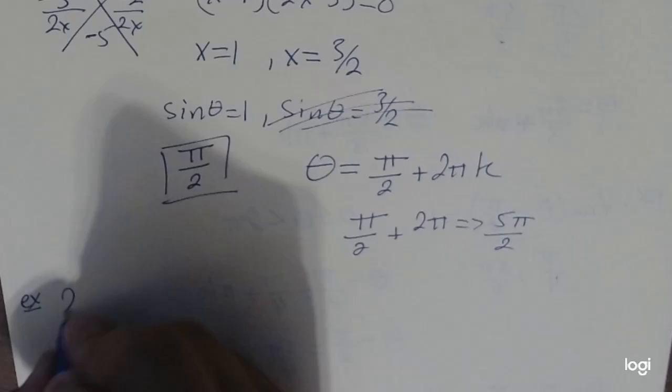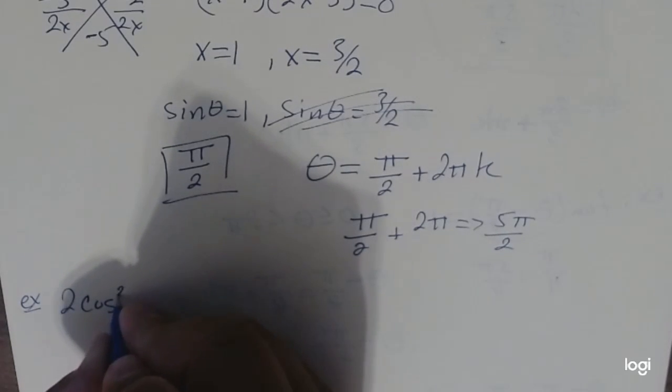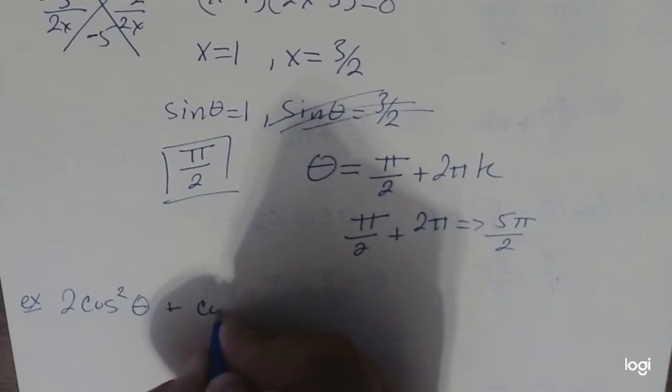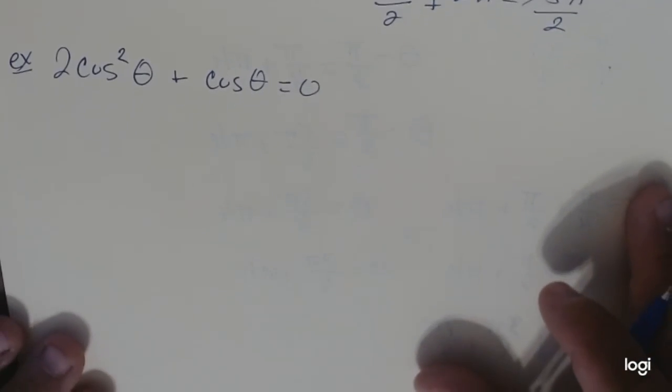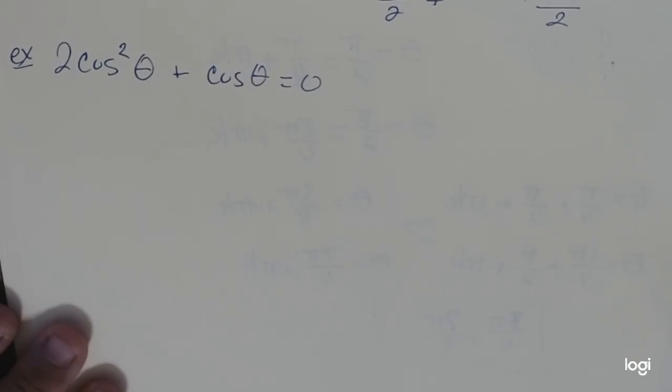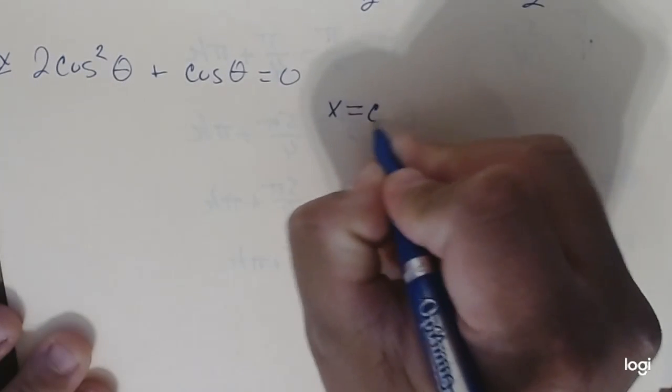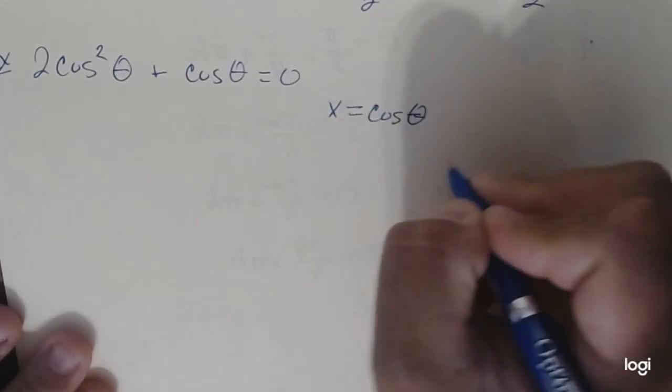Okay. So let's suppose we have 2 cosine squared theta plus cosine theta is equal to 0. Well, if it's easier, why don't we just say we're going to let x equal cosine theta, just for fun.